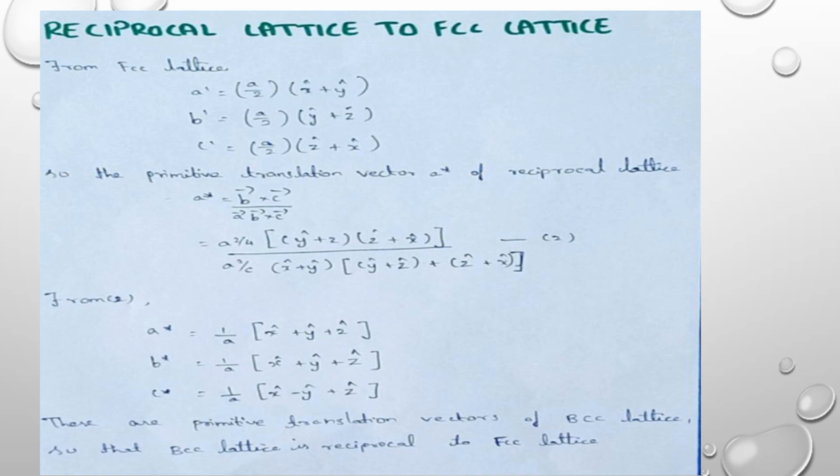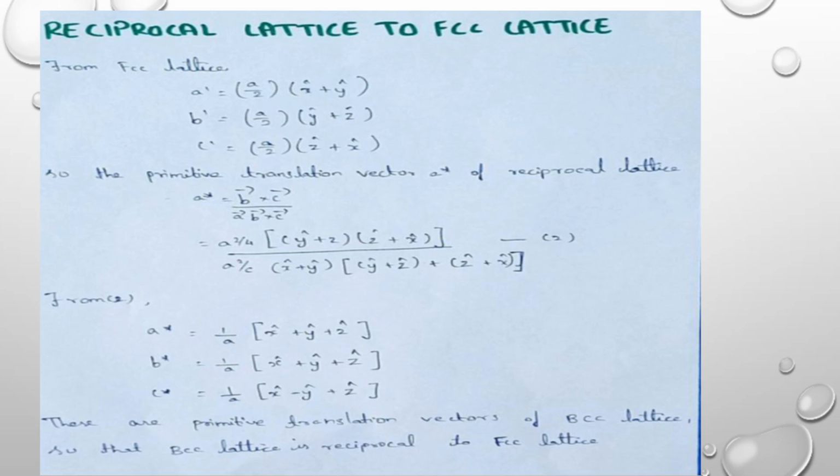Reciprocal lattice of FCC lattice. From the FCC lattice, A dash is equal to A by 2 (x vector plus y vector). B dash is equal to A by 2 (x vector plus z vector). C dash is equal to A by 2 (z vector plus x vector).